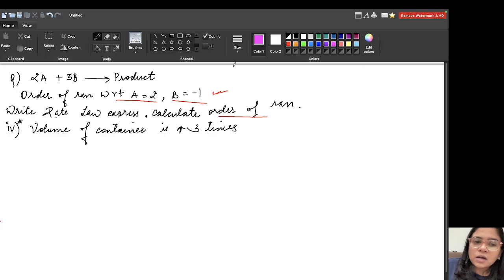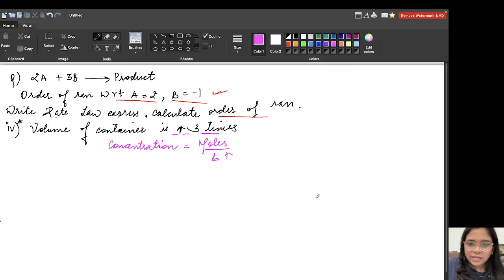See, you know the formula, concentration will be equal to moles per liter. If I am increasing the volume by 3 times, it means my concentration is decreasing by 3 times, correct? So volume of the full container they are increasing 3 times, it means the concentration is actually decreasing by 3 times, right?